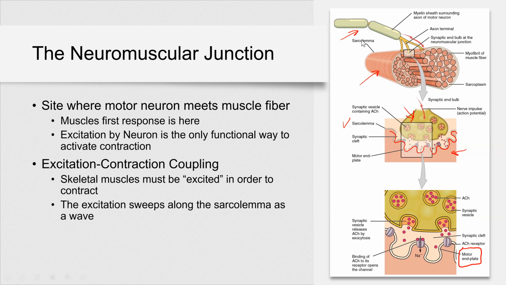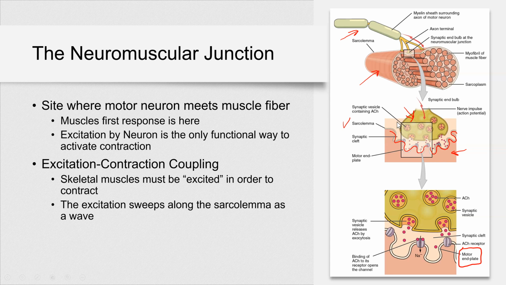So again, we have motor neuron, it meets muscle fibers, right? In the area where they meet, we call it neuromuscular junction, right? So we have axon terminal, that's a part of axon, and we have motor end plate, that is part of muscle cell, right?